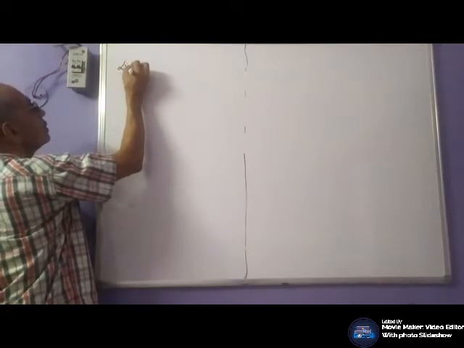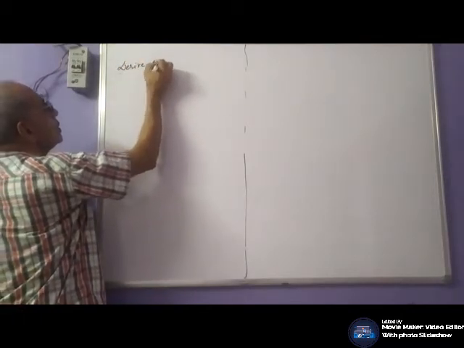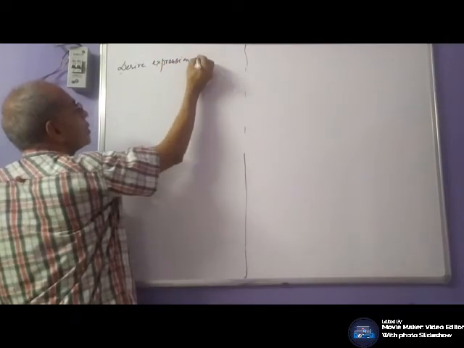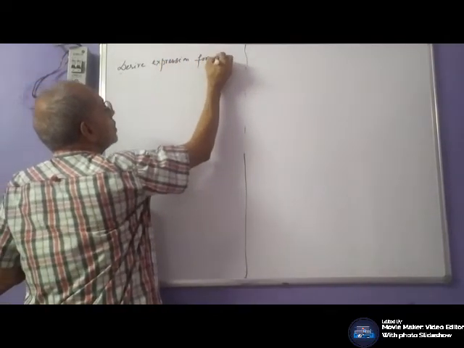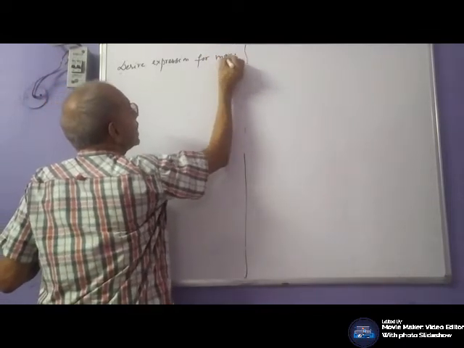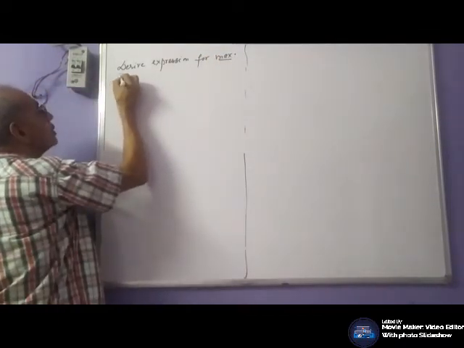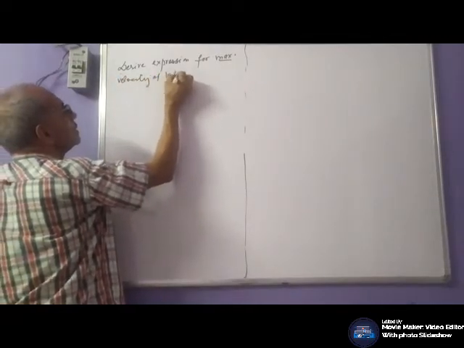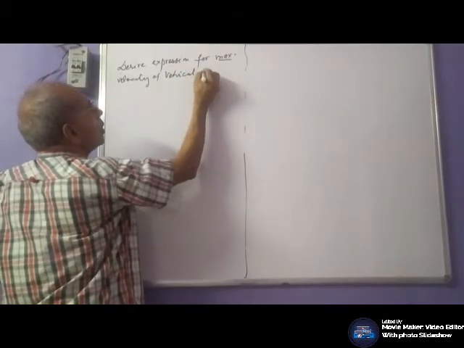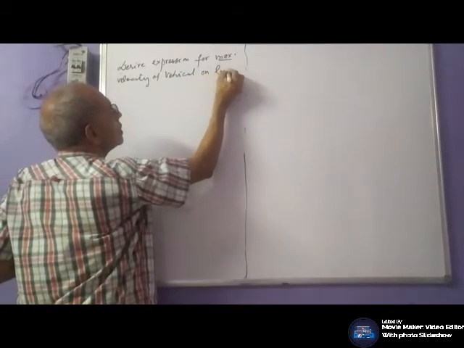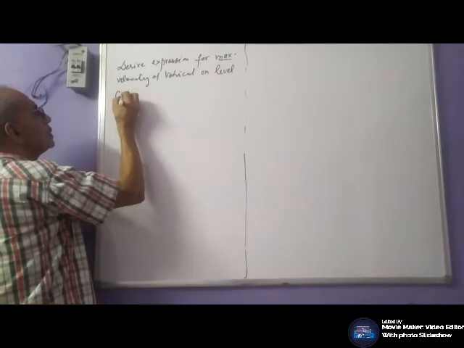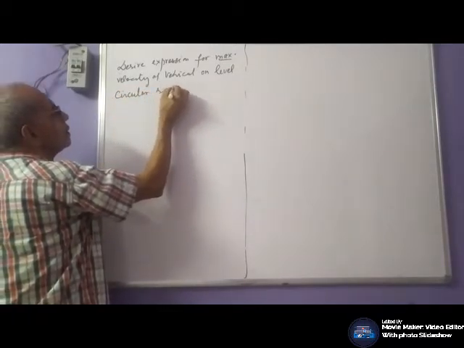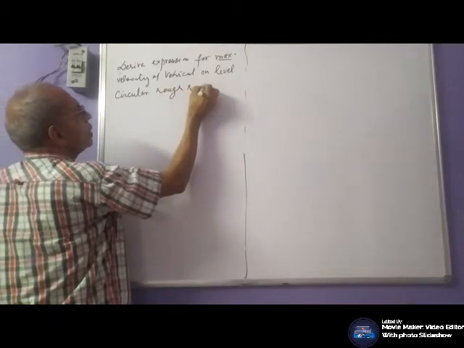Derive the expression for the maximum velocity of a vehicle on a level circular rough road.